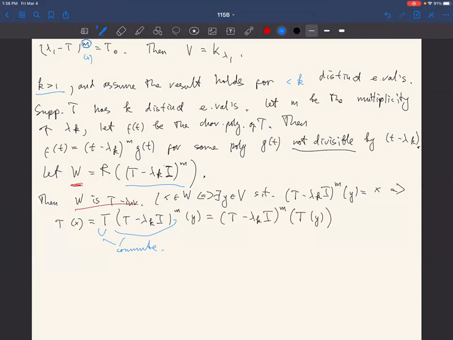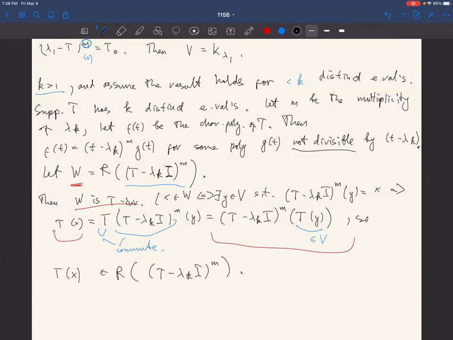But now if I look at T of y, this is an element of V, just a vector in V. So what we get is that T of x is given by this, which means that T of x is an element of the range of (T - λ_k I)^m.